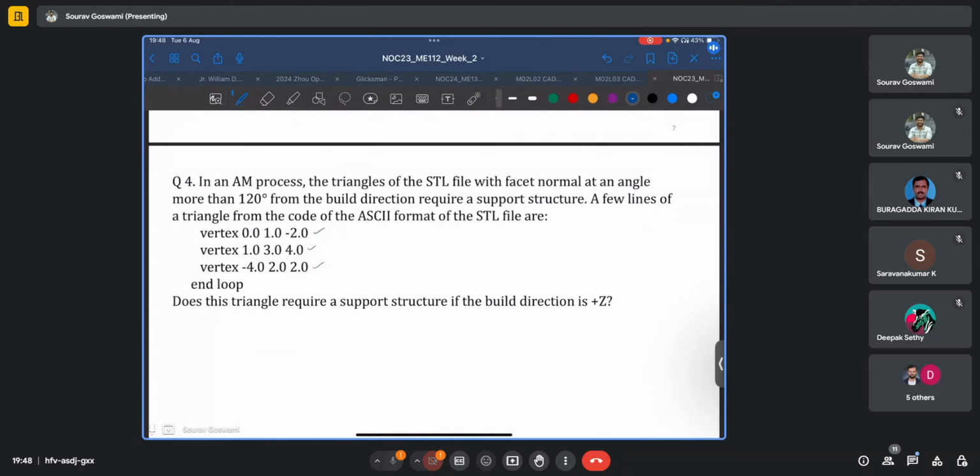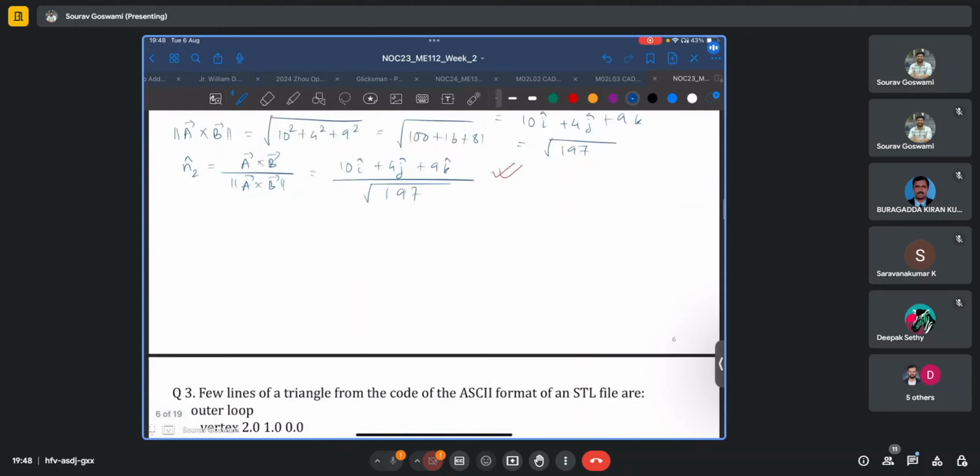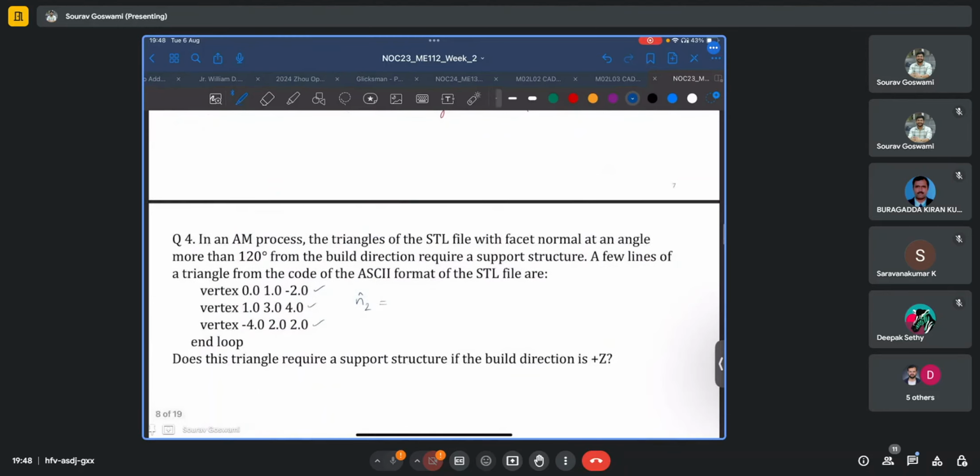And we have already computed the facet normal corresponding to this reoriented triangle, which turned out to be 10i plus 4j plus 9k by under root of 197. We already have the unit normal for this facet.